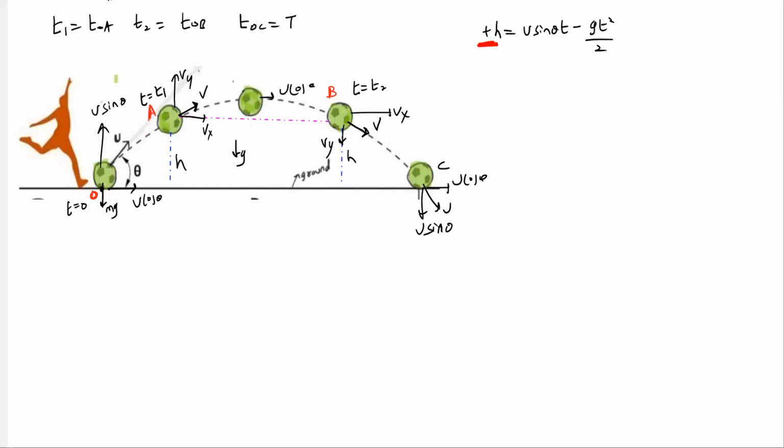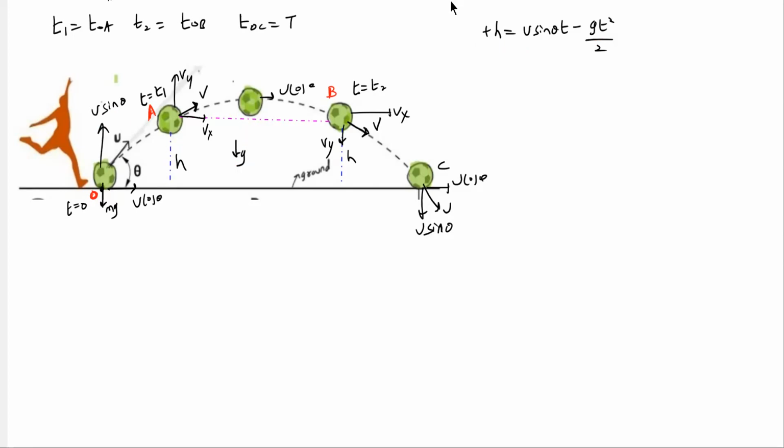Because you are measuring displacement in the direction of initial velocity. That's why H is positive. And you are measuring this g opposite to initial velocity because g is downward. So therefore this negative sign. When you are applying equations of motion, the sign for displacement and acceleration depends upon the initial velocity. We are discussing motion of the body, equations of motion along the y-axis here.